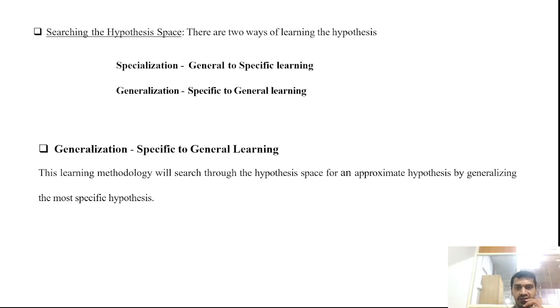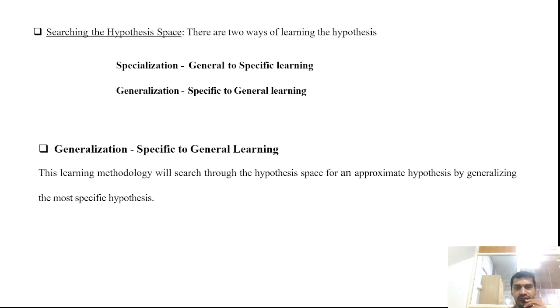So we will see generalization and specialization with examples. First one is generalization. Generalization begins with the most specific hypothesis and progressively generalizes to cover more instances.